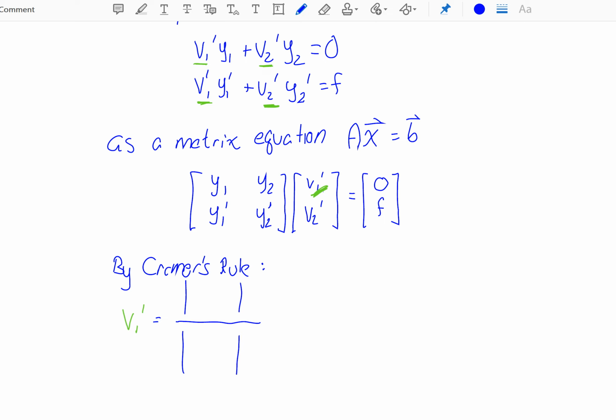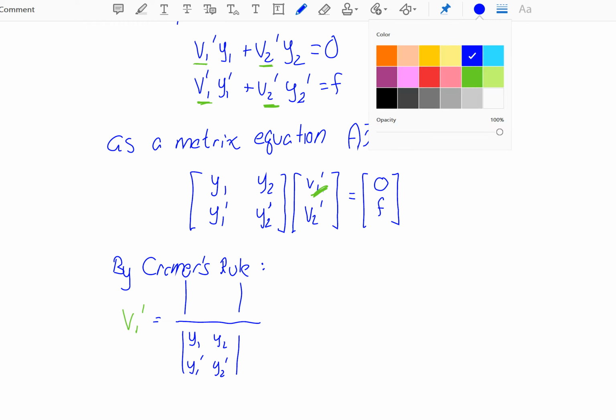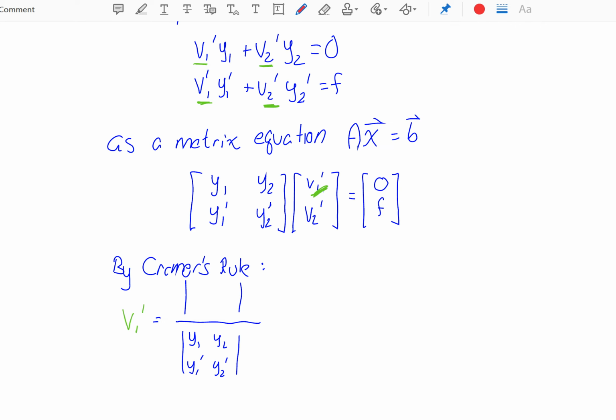The determinant of the bottom is your original matrix. And the top is going to be a matrix obtained by replacing the first column of your matrix A with your right-hand side.